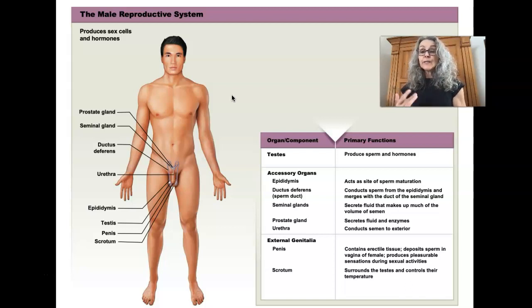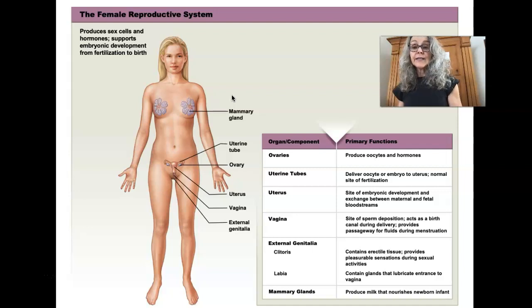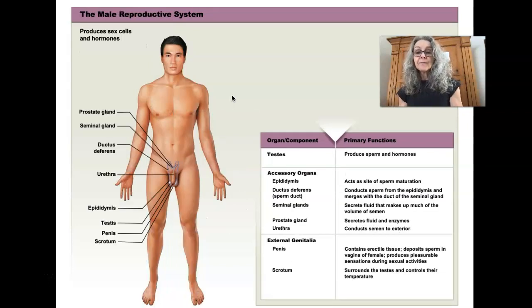Sex cells would be sperm, which are produced in the testes, and eggs, which are produced in the ovaries. They are required for sexual reproduction because sexual reproduction begins when the sperm fertilizes the egg. And then that starts the development of a new human being.